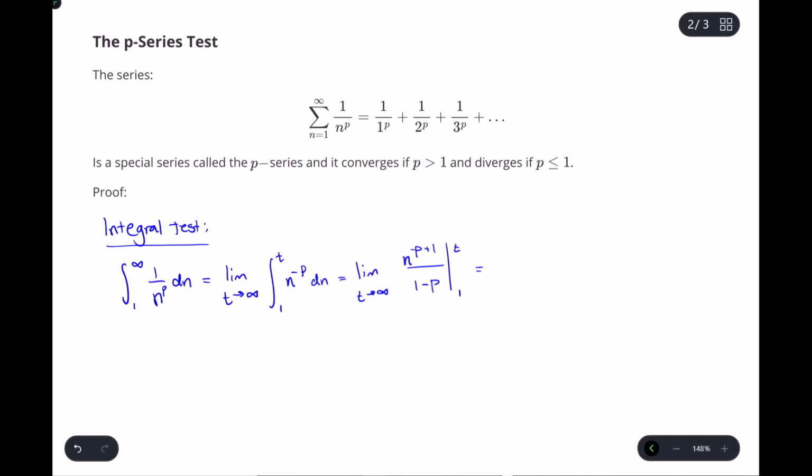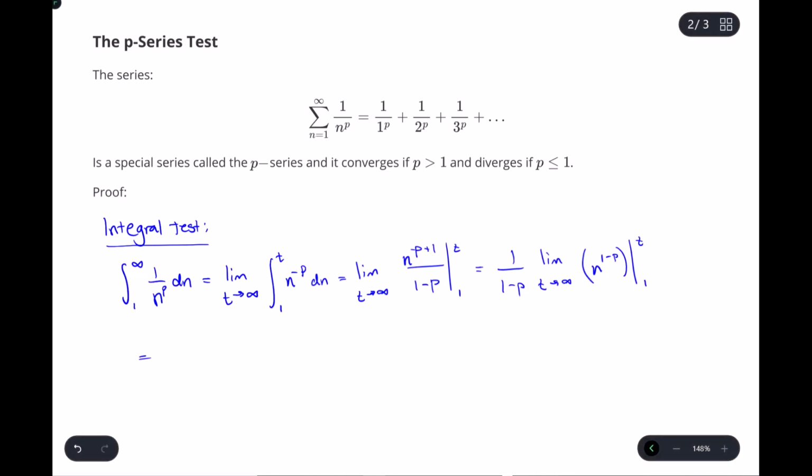So then the constant 1 over 1 minus p can come out front. And we have the limit as t goes to infinity of n to the 1 minus p evaluated between 1 and t.